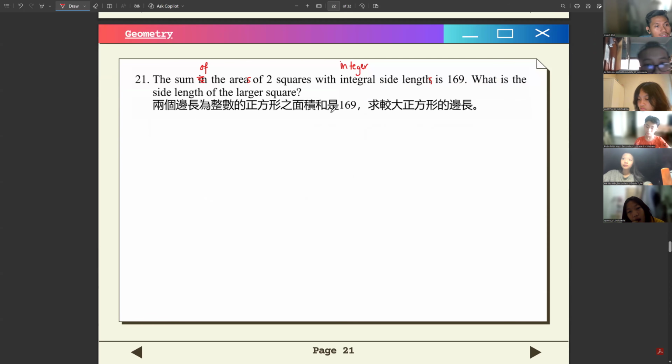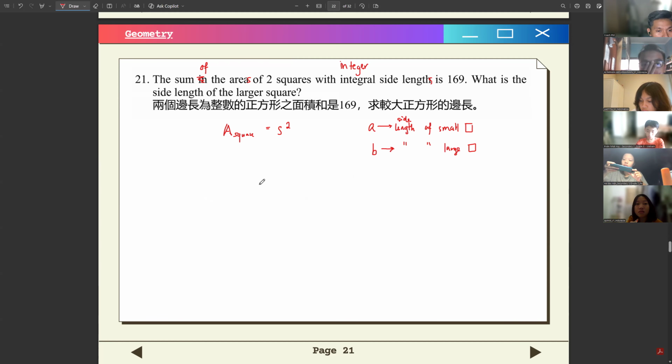Okay. So we have two areas. The side lengths should be integers. So what's the formula for area of the square again? It's just side squared, right? So let's say A is the side length of the small square, and then let's have B as the side length of the large square.